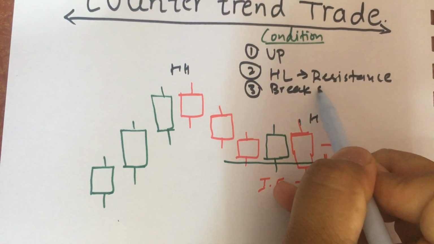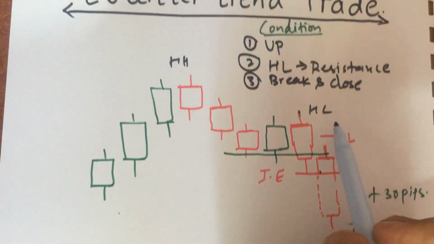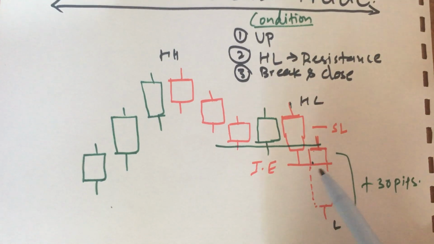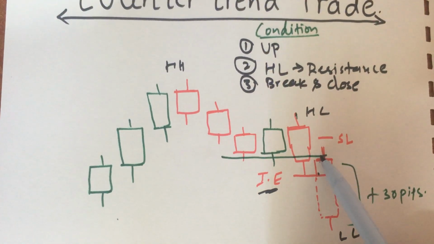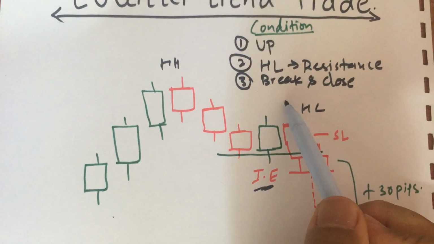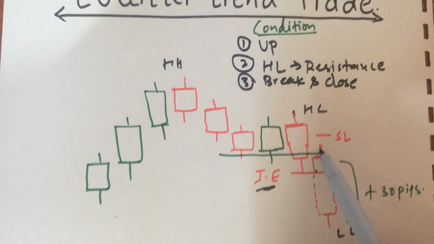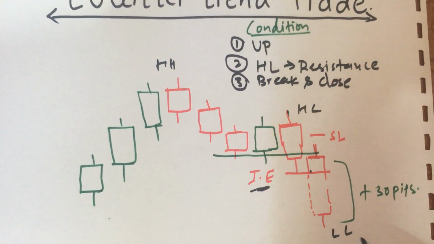You need a break and close below support. And the next thing is the candle must create a wick and then need to break the low of the previous candle, where your impulse entry will be executed. If you could not find this wick and you put your stop loss above the candle, it's a way too big stop loss. So for us to be on the safe side, we need to have a wick at first and then need to break the low of the previous candle, and you can expect like this.